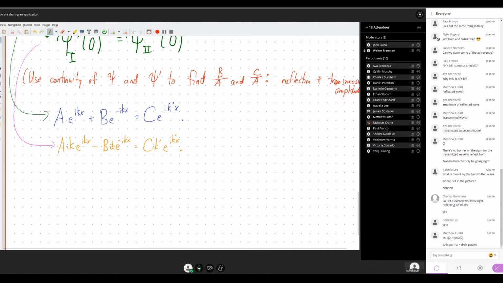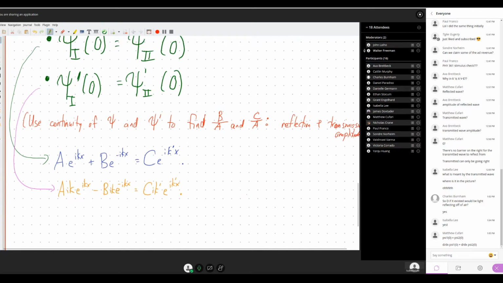So this is a system of two equations and two unknowns, right? I don't know B and I don't know C. And solving these two equations is pretty simple, because when are these two equations true? Are these equations true for all x or are they true for a particular x?